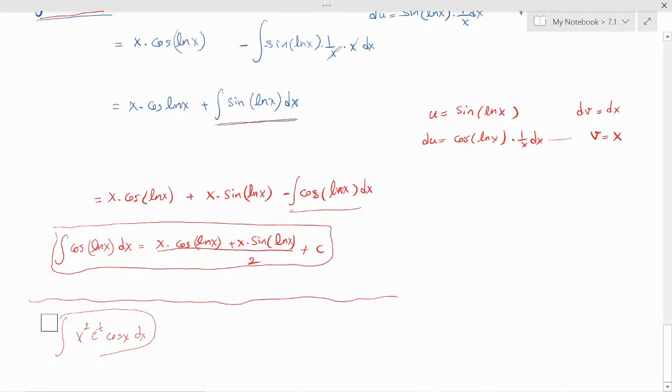So in this case, maybe try to see if you can figure out what this integral is. I'm not sure that it's that easy. Cosine x, e to the power x. Okay, maybe pick this to be dv and this one to be u. There's a chance that it will work out, but it requires multiple integrations by parts. Okay, so I'm going to stop here.